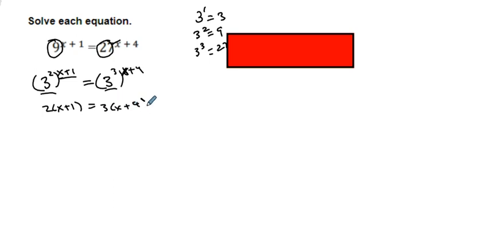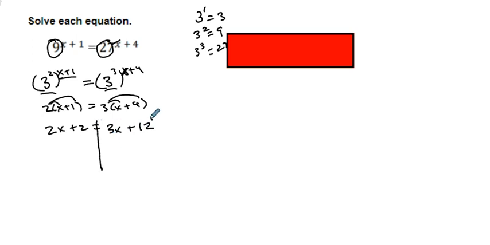And now we just have a good old-fashioned multi-step algebraic equation where we have to do some distribution. So we get 2x plus 2 over here, and when we multiply these, you get 3x plus 12. Now the good old cows and chickens thing.